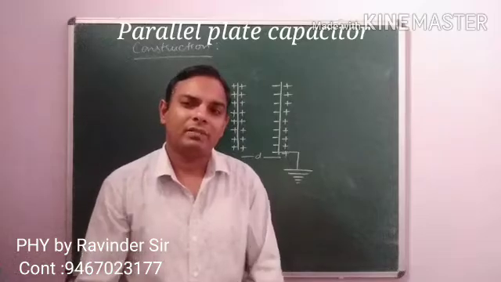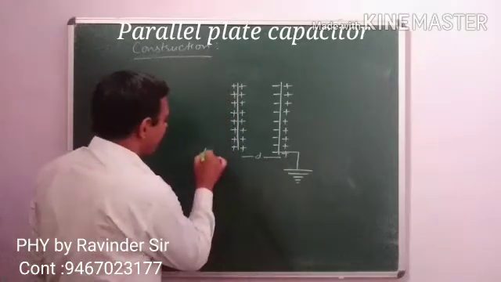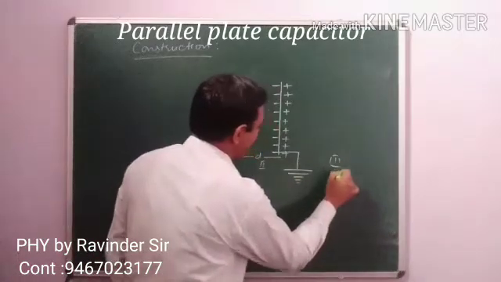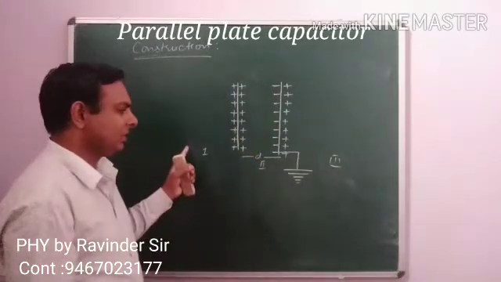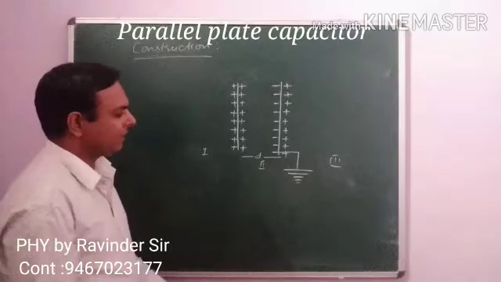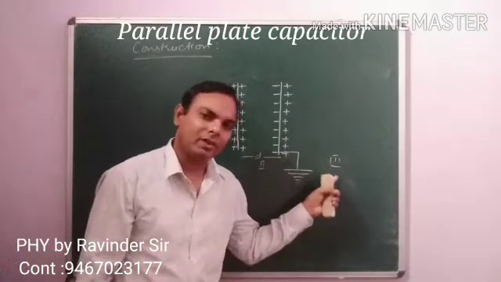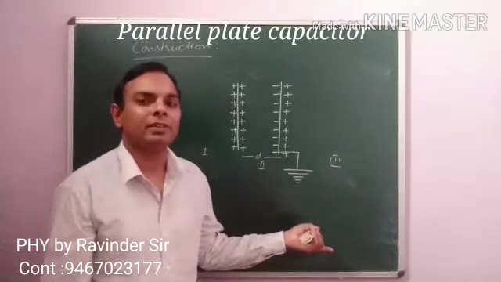Now, we have three regions: region first, region second and region third. For the first region, we know that electric field intensity is 0. Similarly for the third region, electric field intensity is 0.